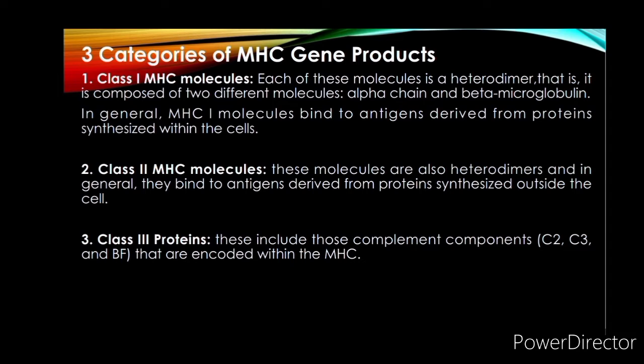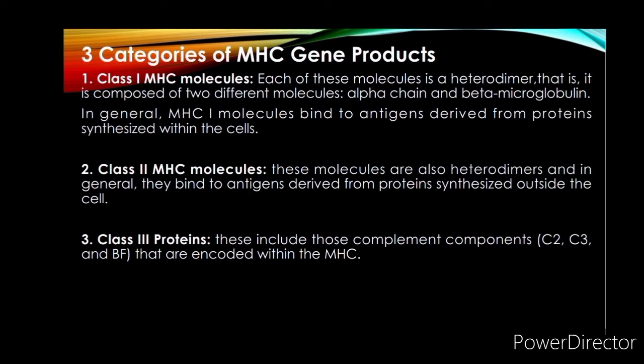The MHC2 molecules are also heterodimers, composed of two different molecules, the alpha and beta subunits. Like MHC1, the extracellular portion of the MHC2 heterodimer contains a cleft for binding antigens.